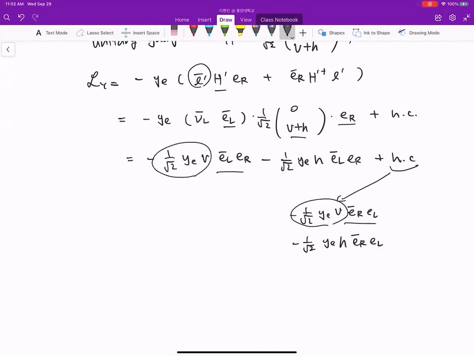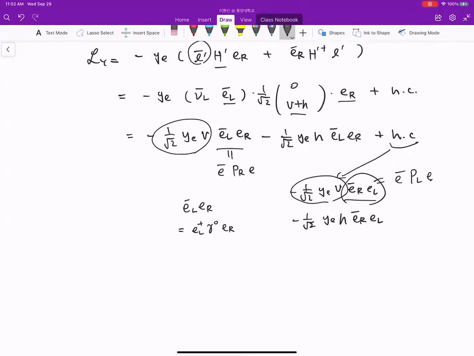But here we have a left-right interchange, and in 4-component notation we can write this in terms of the projection operator for right-handed, and this one also with the projection operator for left-handed. Because you have to remember that there's a gamma 0, so e_L-bar e is e-bar gamma 0, and gamma 0, right?